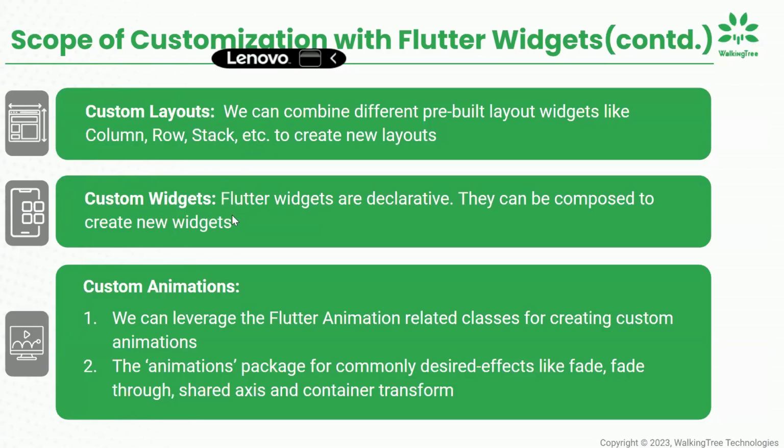We can create custom widgets also, like I showed in one of the previous slides. Flutter widgets are declarative, so it is very easy to compose them and create new widgets. And once a widget has been created, we can reuse it throughout the application.